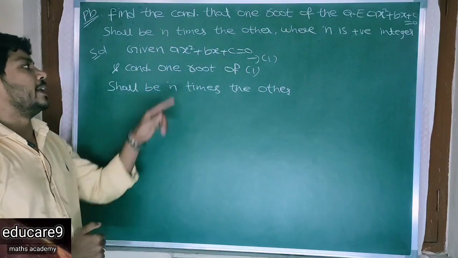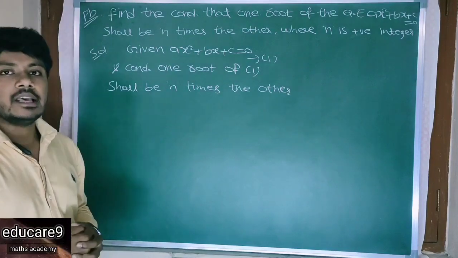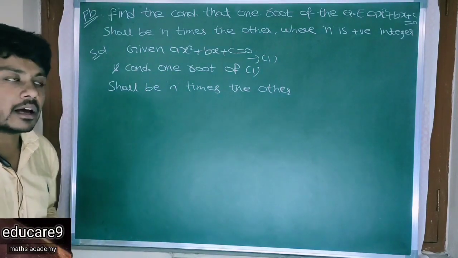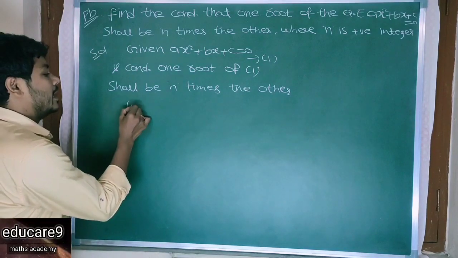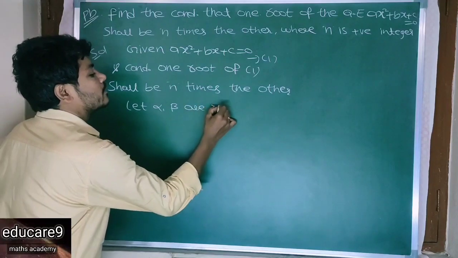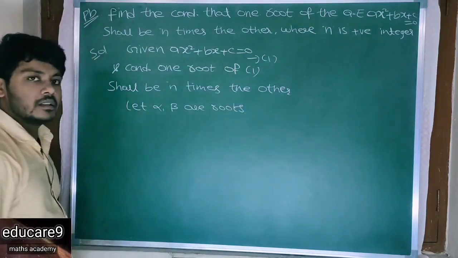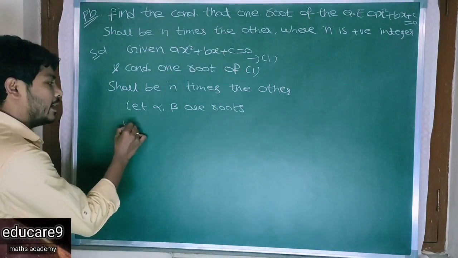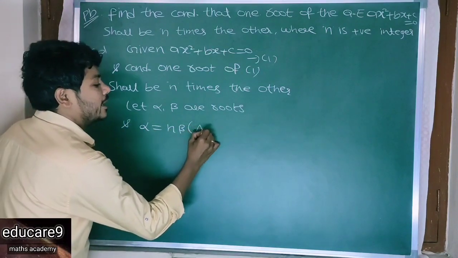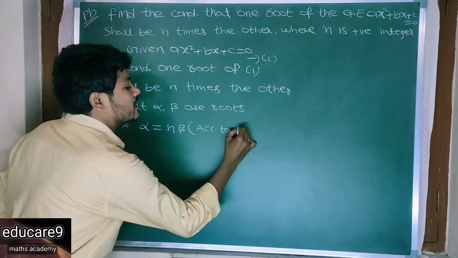You know that a quadratic equation has two roots. In that, one root shall be n times the other. That is, let alpha, beta be the roots and alpha is equal to n beta, according to the given condition.